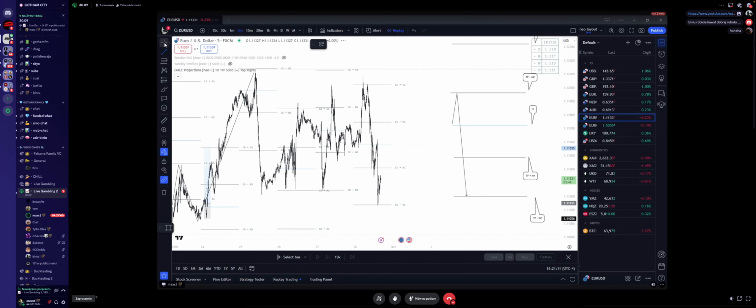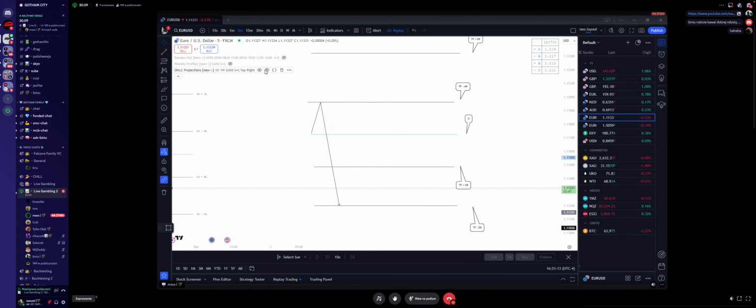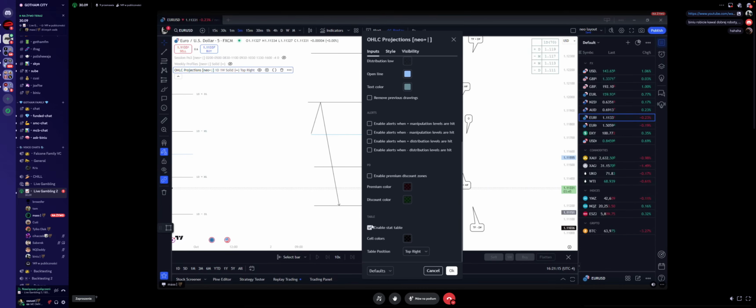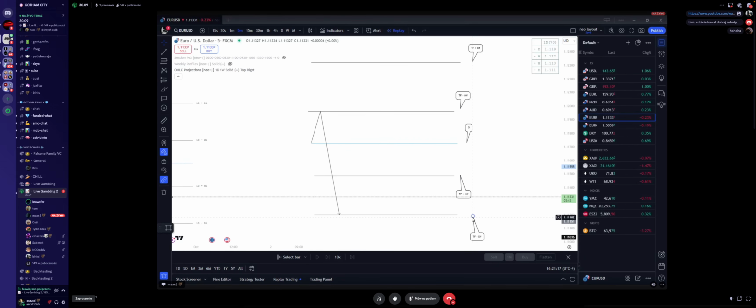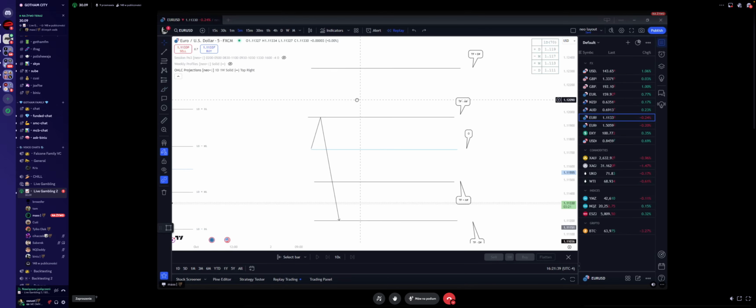But I'd say enable the stat table, this little checkbox right here, and look at the time frame. If the time frame says that it's above like 60 days, which is 2 months, so you'd be looking at the past 2 months of data, and you have all of this information, as I said, every single one of these levels is considered, then I'd say that's pretty accurate already.